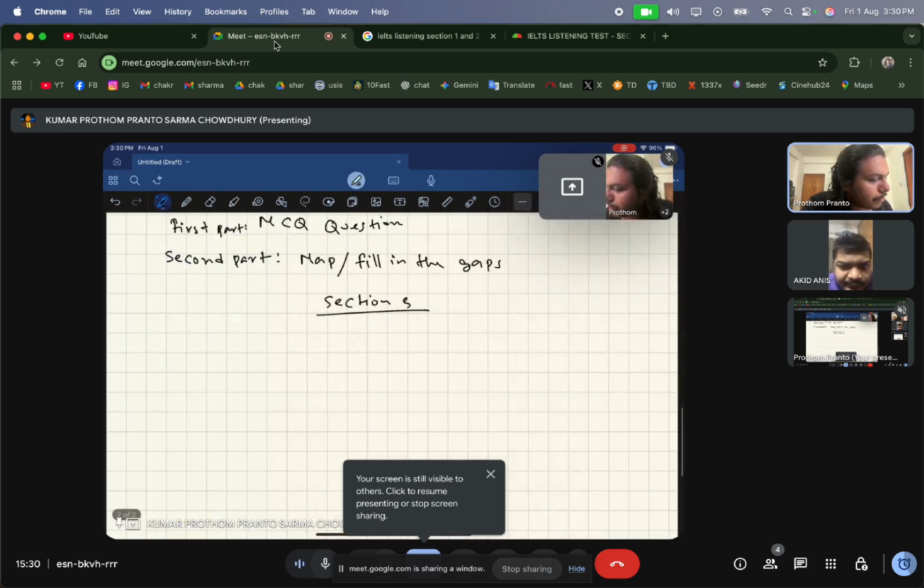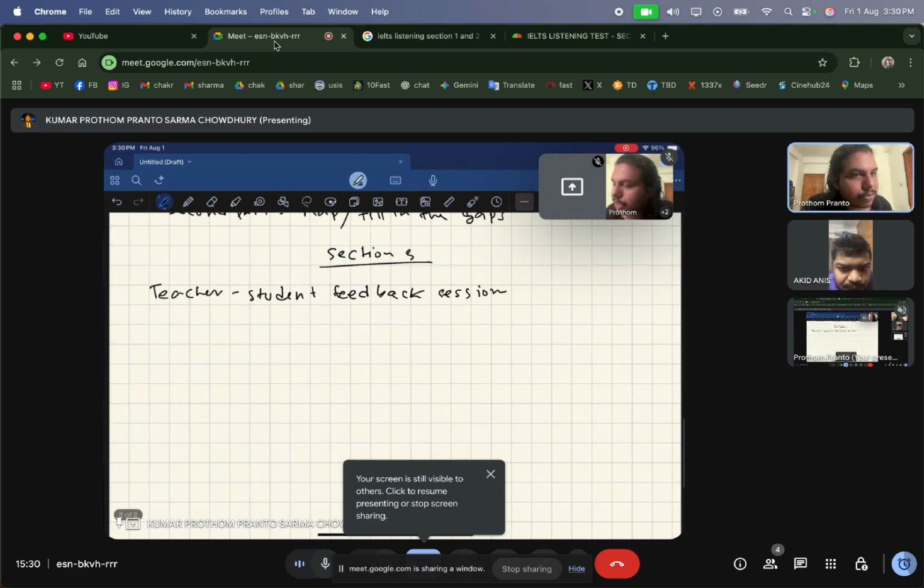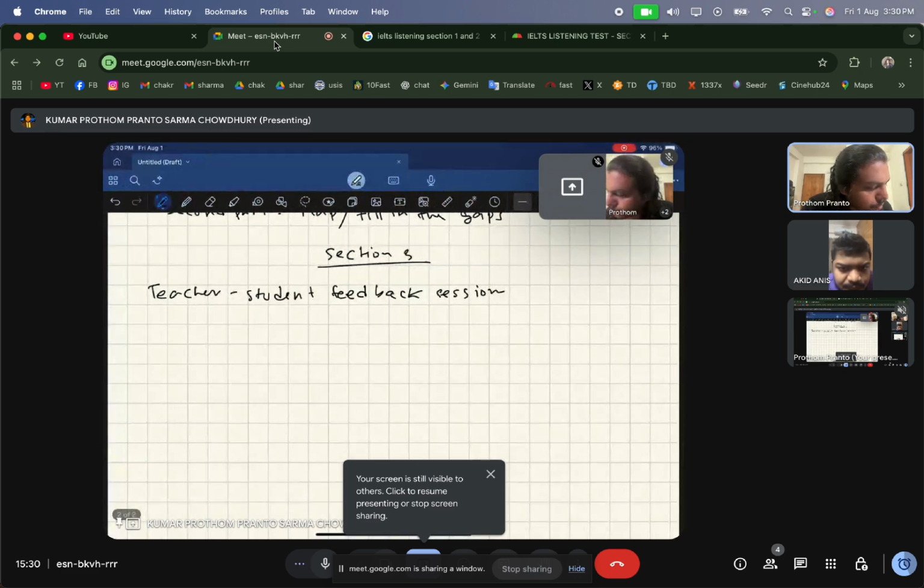So in section 3, in most cases, 95% of the cases, it's a teacher student feedback session or a student student conversation.